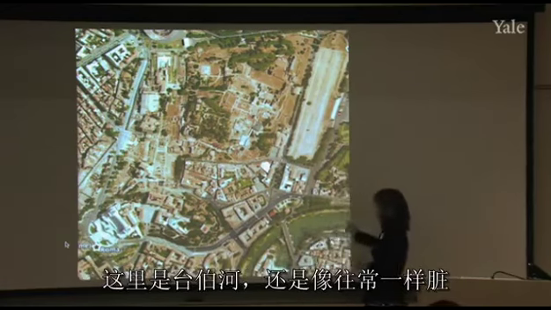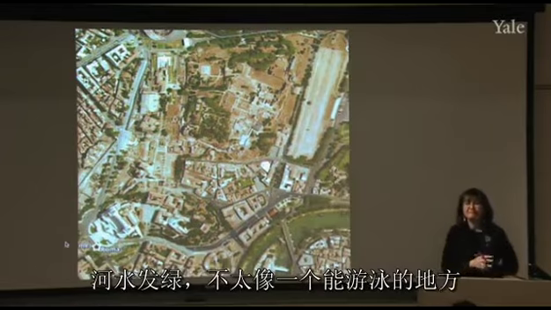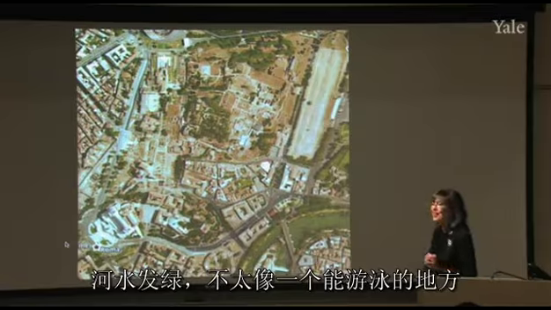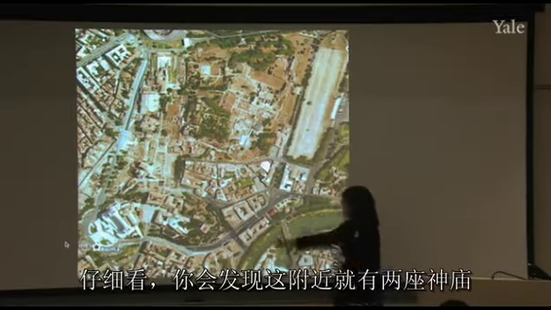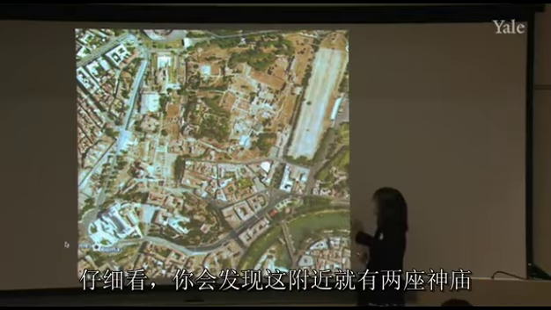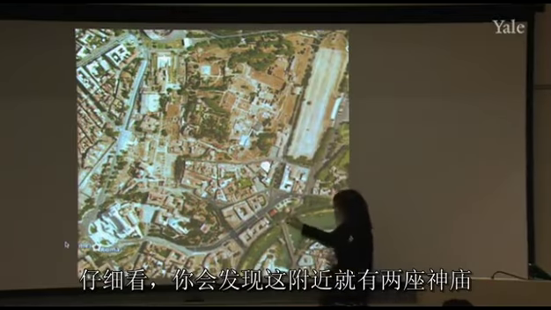So here's the Tiber River looking nasty, as it usually does. It's very green and not the sort of place you'd want to take a swim in, as you can well imagine. But you see the Tiber River here, and if you look very closely, you will see two temples.